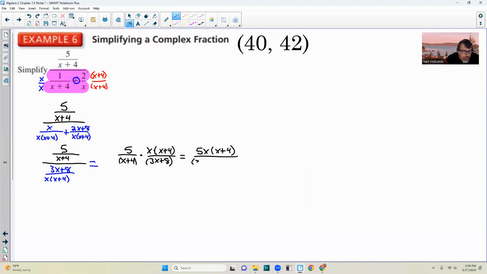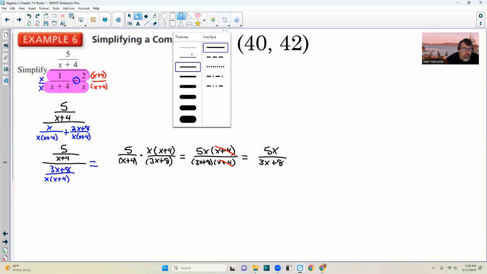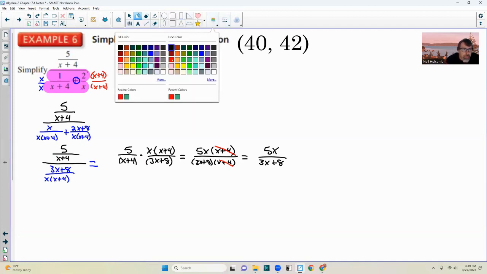So I'm going to put 3x plus 8 here and x plus 4 over here. And look what happens. The x plus 4s go bye-bye. And then this becomes 5x divided by 3x plus 8. Okay, and we're done. So let me put my answer in a box.